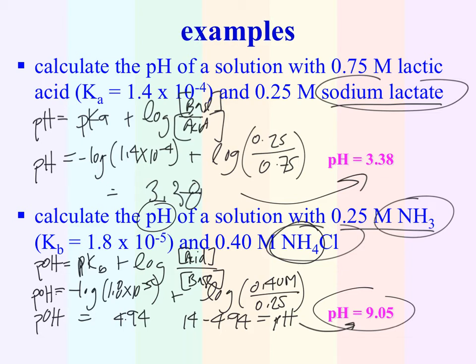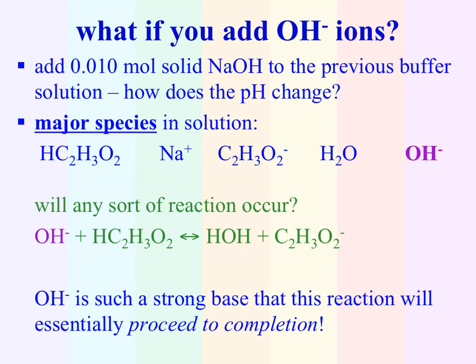Whether you're using the ice table method or the Henderson-Hasselbalch equation, just be aware that these are approximation methods, unless you're using the quadratic equation in the ice table type setup.